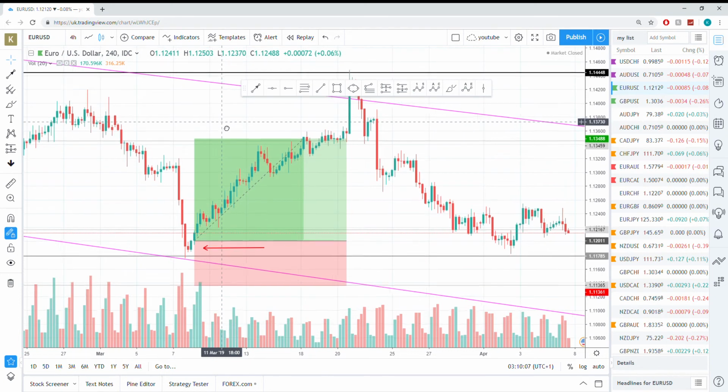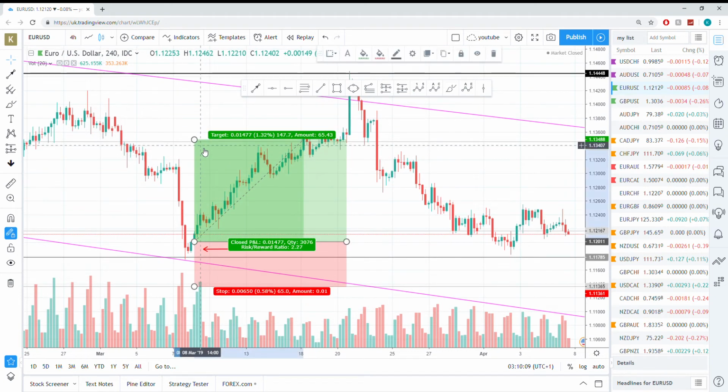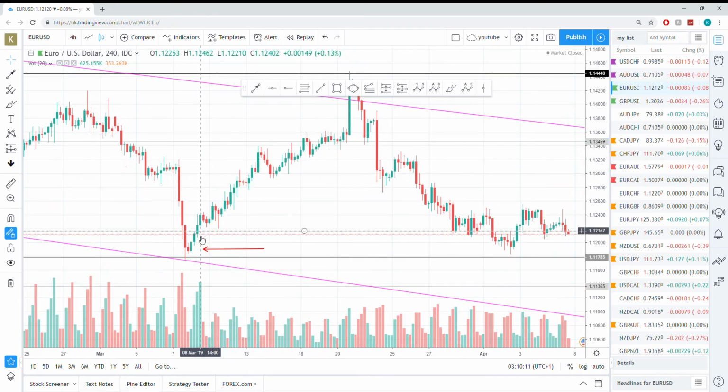And one other tip that I like to look at. Say that we got into this trade here, and we notice that the price goes up, and then we see a bit of a dip.